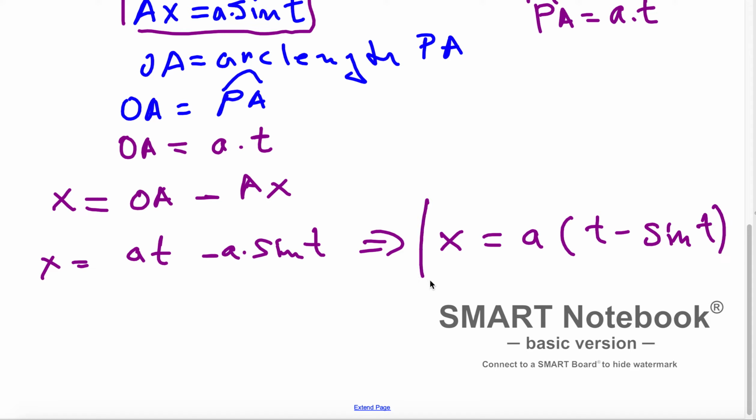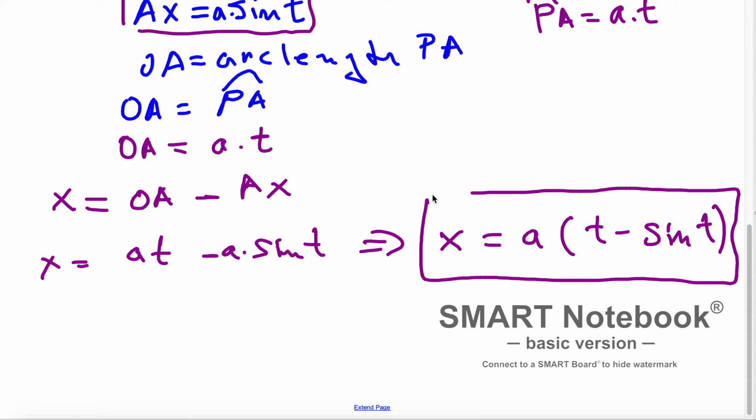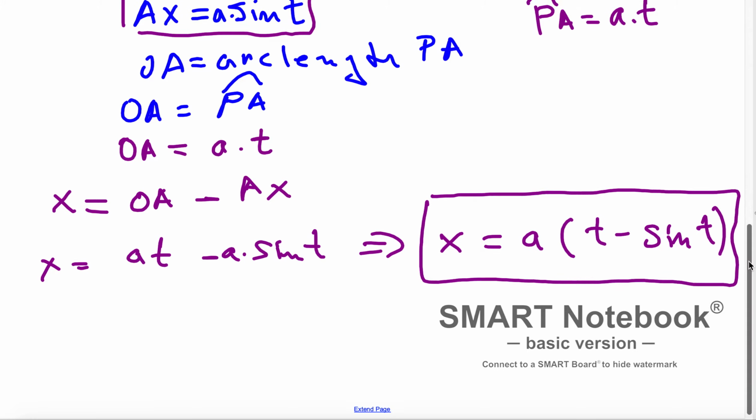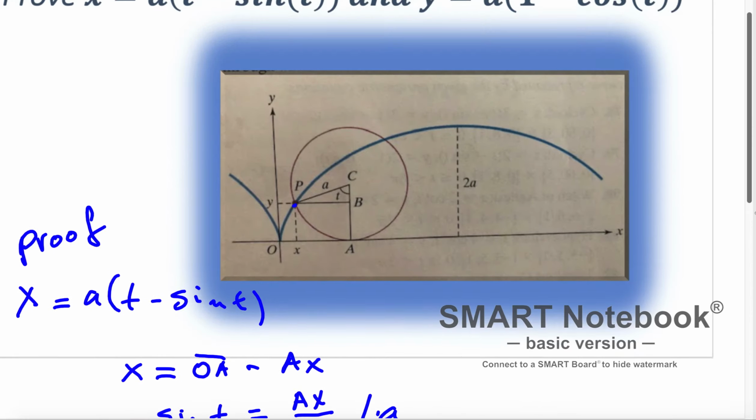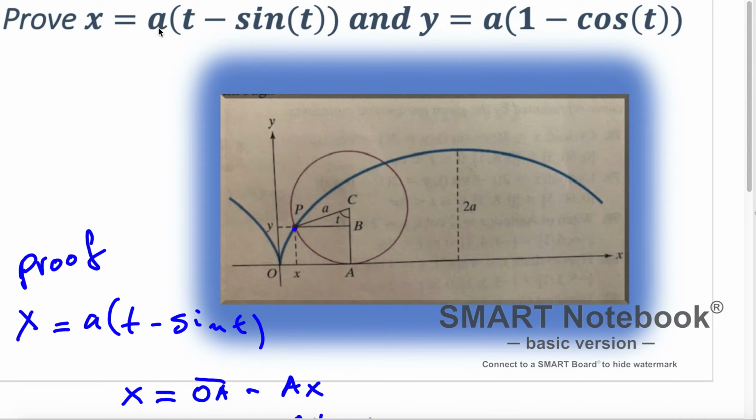Factoring a, x is equal to a times (t minus sine t). So we have already proved the parametric equation for x.